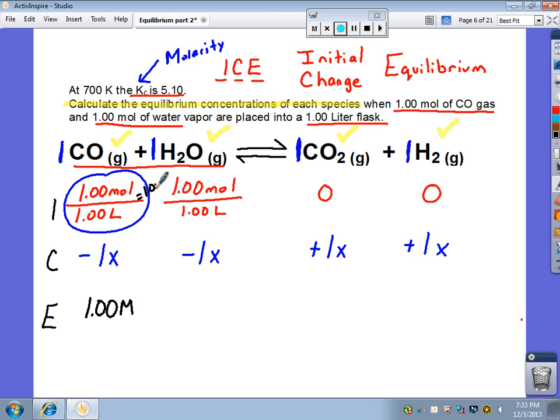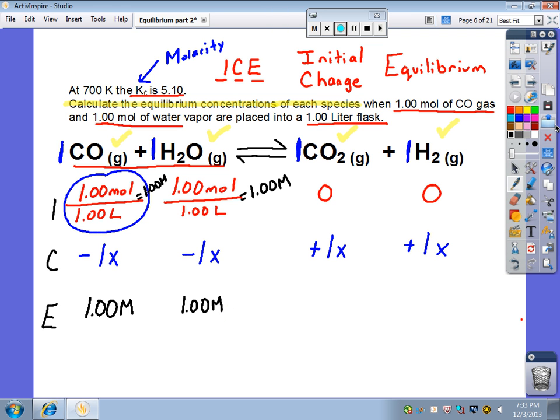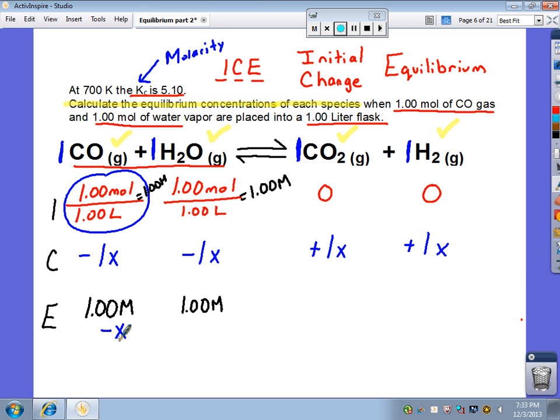This is 1.00 molar. And this is also equal to 1.00 molar if I do my math. But what happened to the 1.00 molar? It changed. What did it change by? It changed by x. These both went down by x because I started with 1 molarity for each of them, but part of what was present reacted. What happened to that? Well, it formed carbon dioxide and hydrogen gas. How much, I don't know yet.